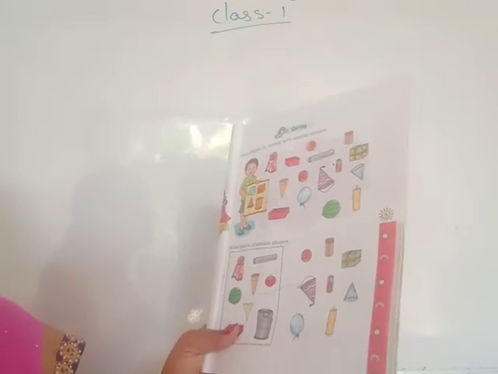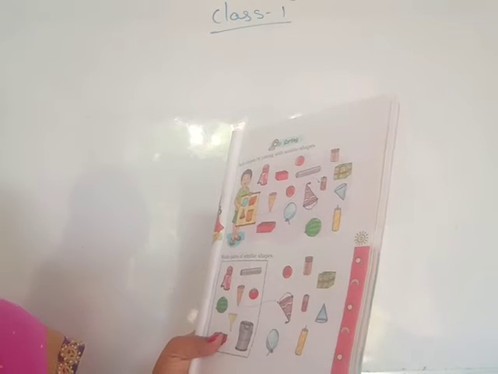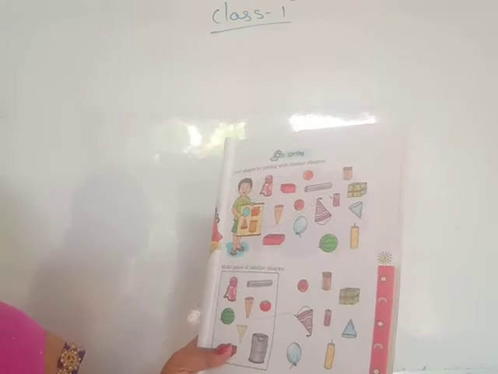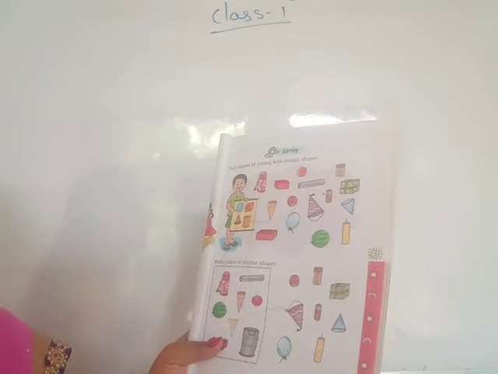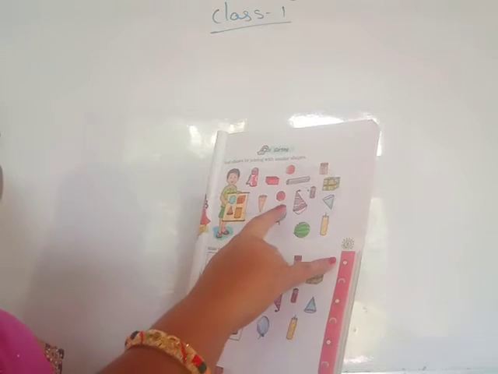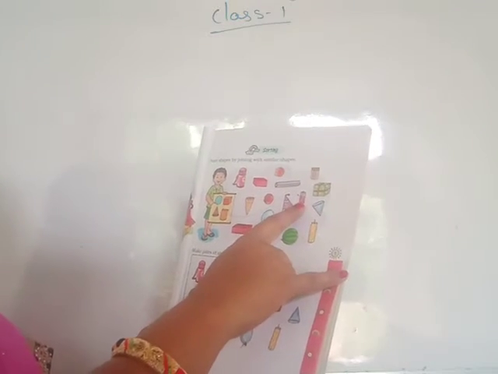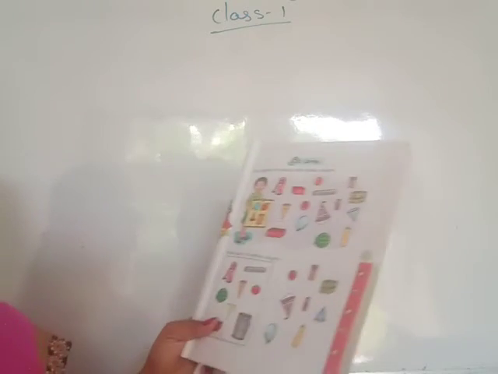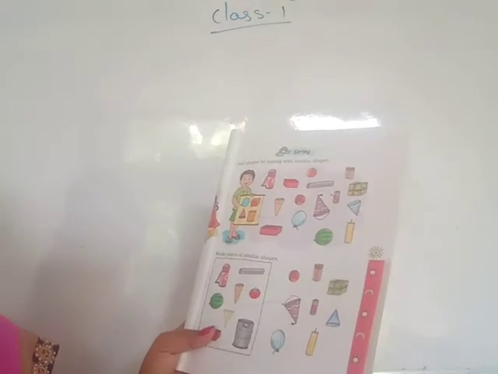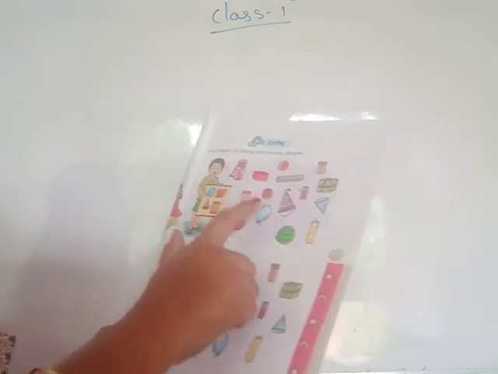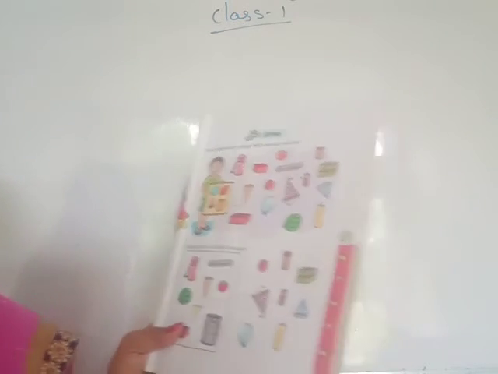Next one, sorting. Sort shapes by joining with the similar shapes. First one, you see a cylinder given. Which one here is a cylinder type? This box, this tin. Then you match here. Then next one, cone. You see this cone. Here is one ice cream cone, and here is this birthday cap.